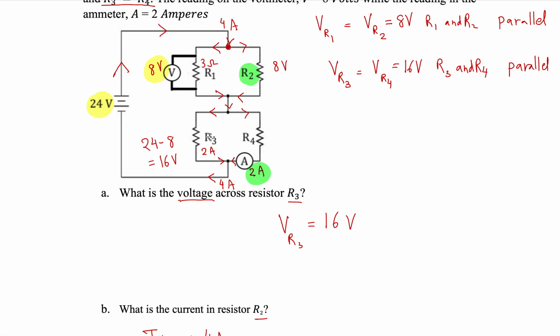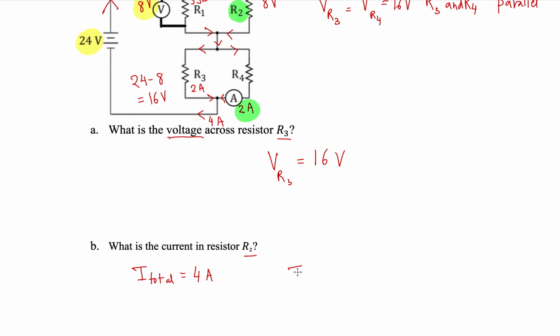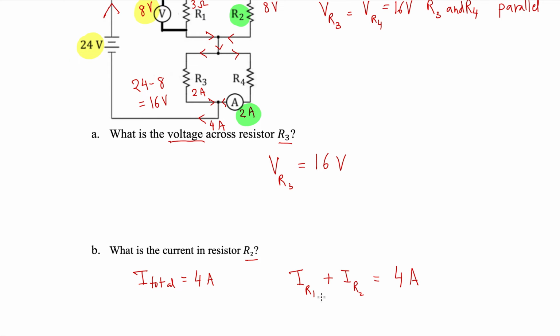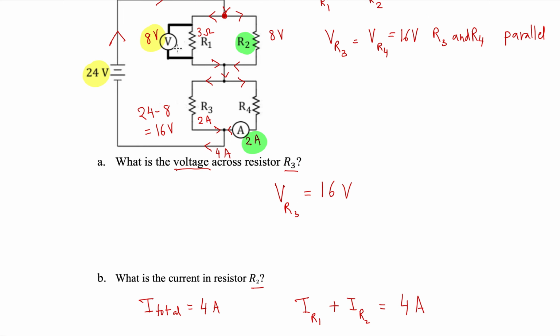So the current in R1 plus the current in R2 should be equal to 4 amperes. Now we can find the current in R1, because we have the voltage value and the resistance value. Current in R1 is equal to voltage over R1.